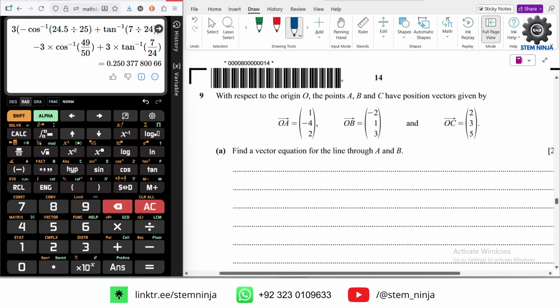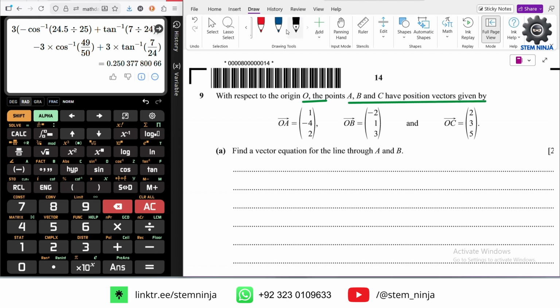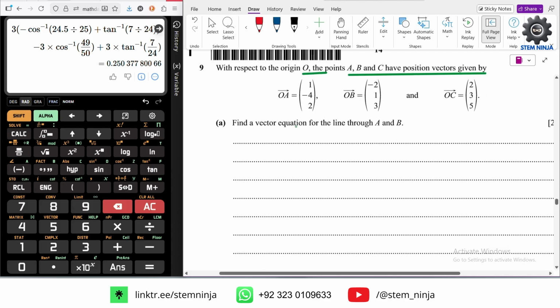Question number 9. With respect to the origin O, the points A, B, C have position vectors given by these. Find a vector equation for the line through A and B. So through A and B, we first need to find the vector AB, because that will be used as the direction vector.